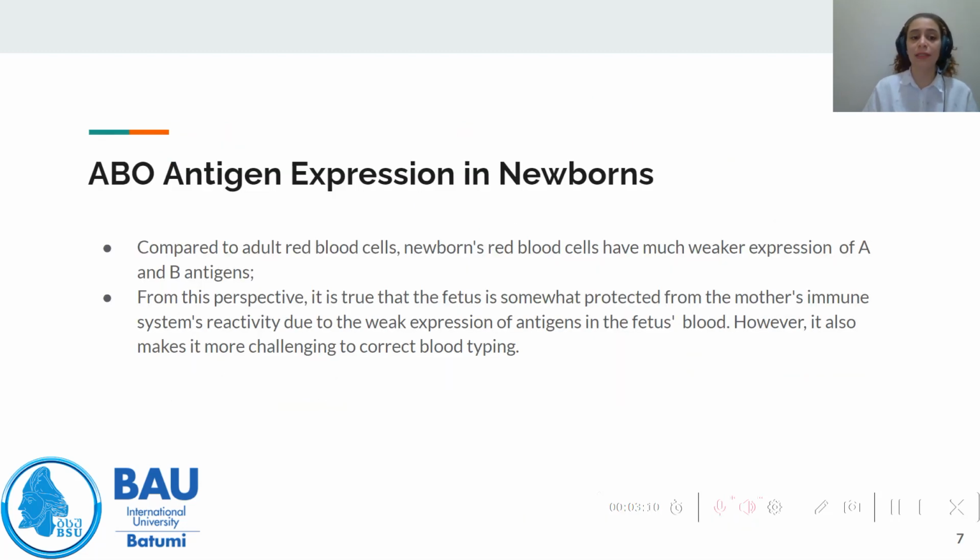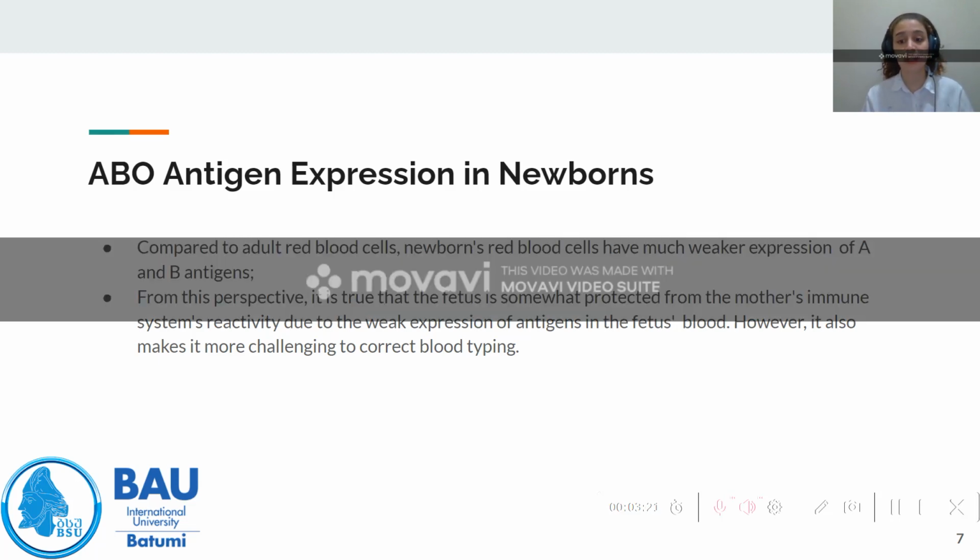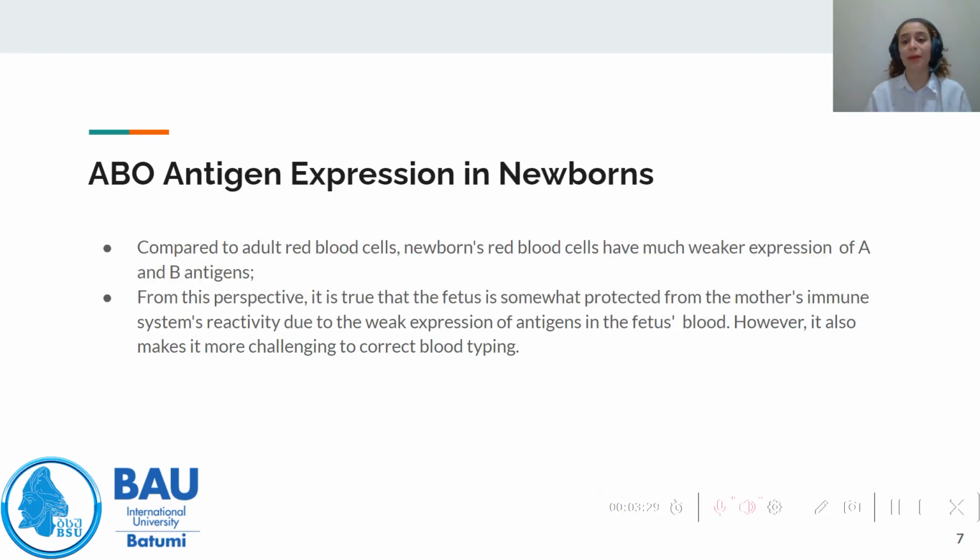Now some specificities of the antigen expression in the newborns. If we compare antigen expression between the newborns and the adults, in the newborns the red blood cells have a much weaker expression of the A and the B antigen. And this was explained as the fetus being somehow protected from the mother's immune system reactivity.